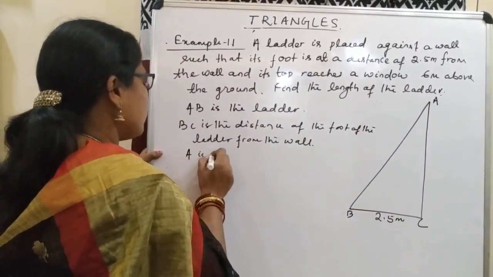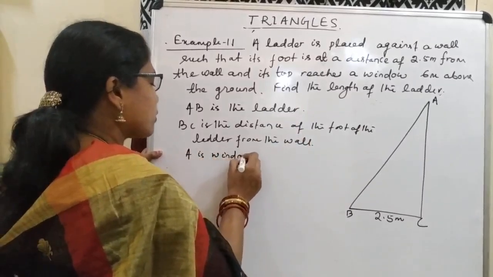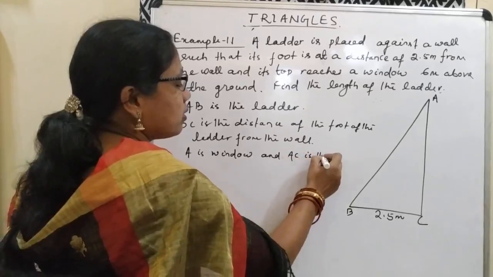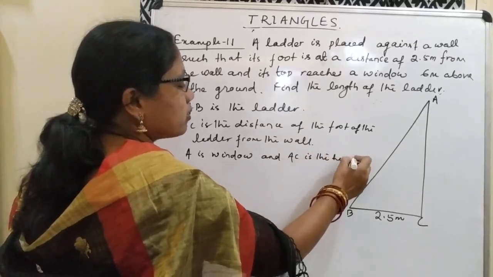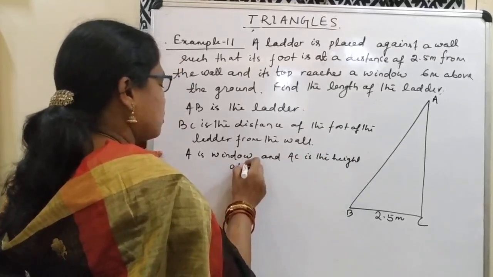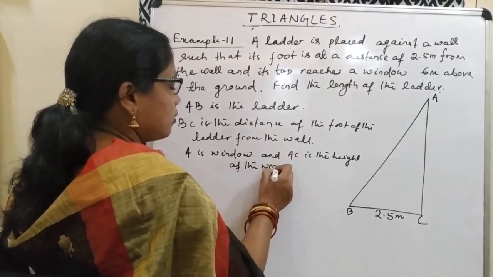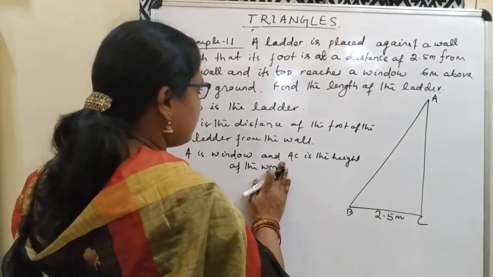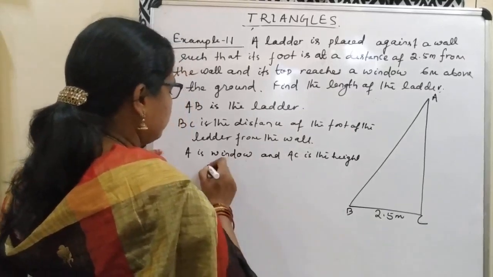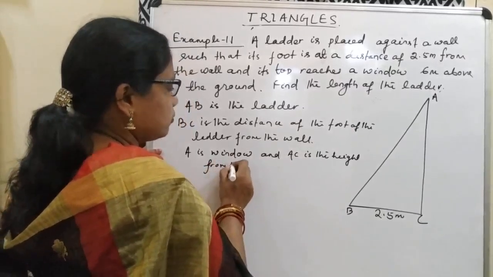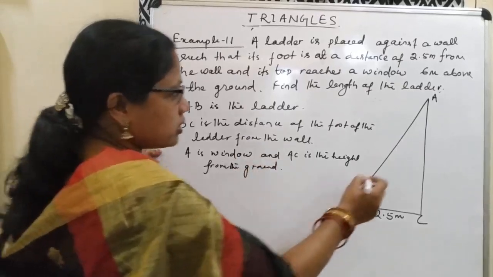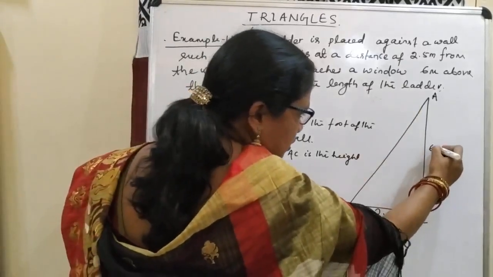A is the window and AC is the height of the window. AC is the height from the ground. So this height is 6 meters, it is given.